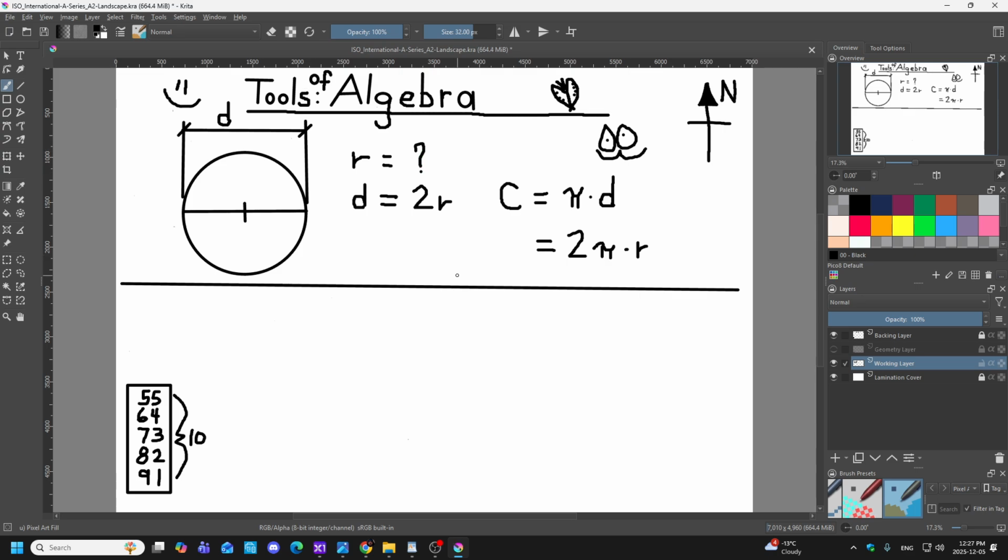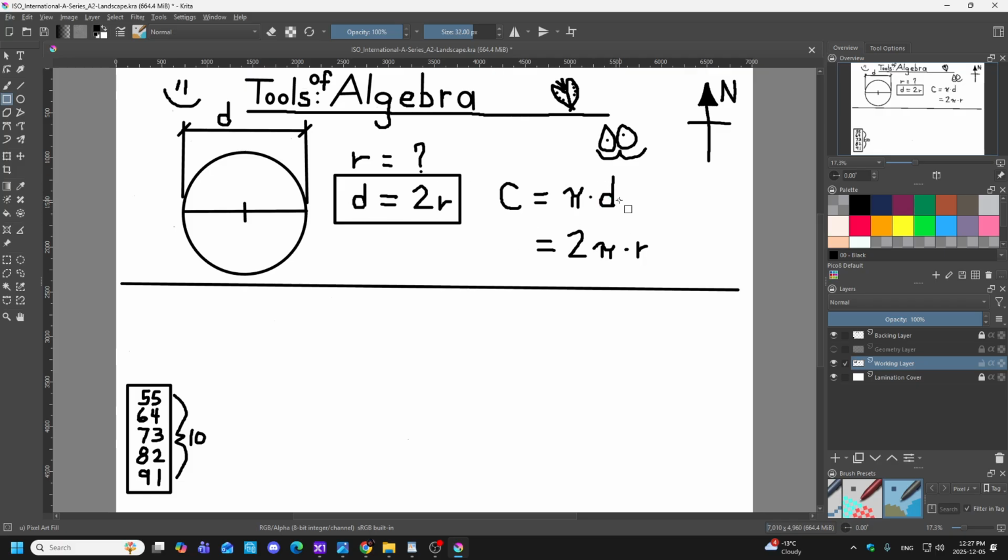So if you're given the radius and you want to use the diameter formula, you would have to use this one first. So double the radius, and then you can substitute d.